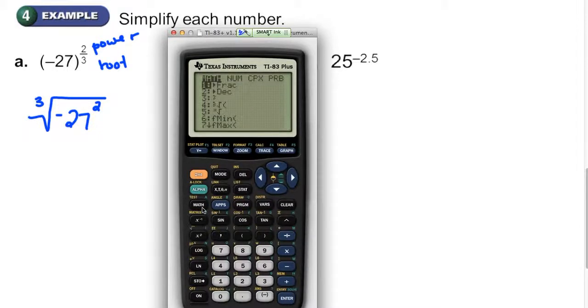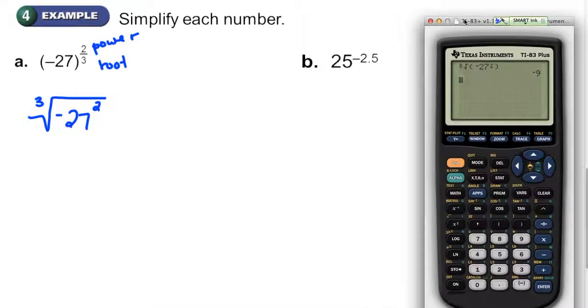Okay, number 4 is the cubic root, so I'm going to press 4. Cubic root of negative 27 and then square that and close parentheses. Hit enter and we have negative 9. Voila.